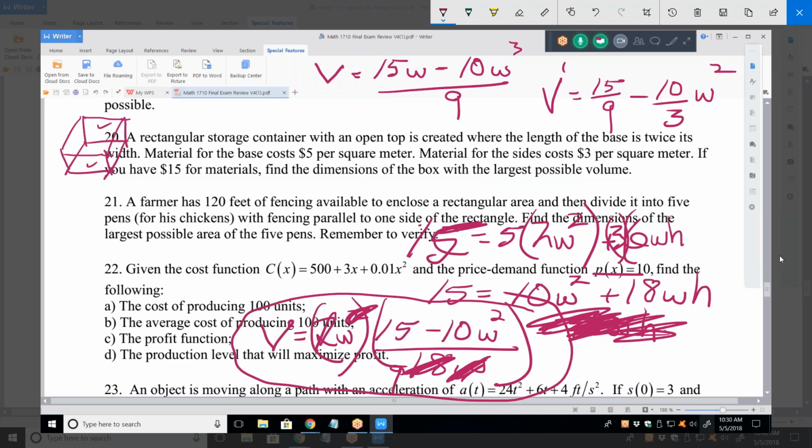And this is, let's see, 3 goes into 15 five times, so that's 5 thirds.